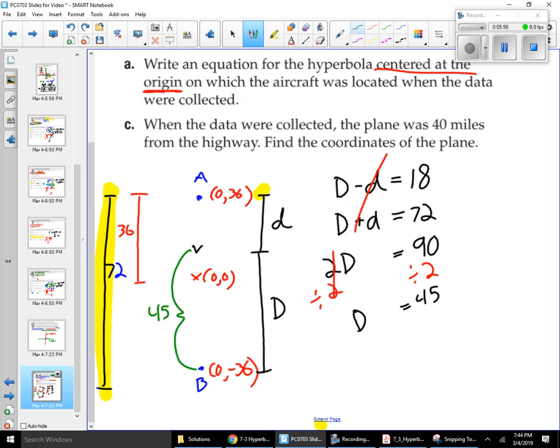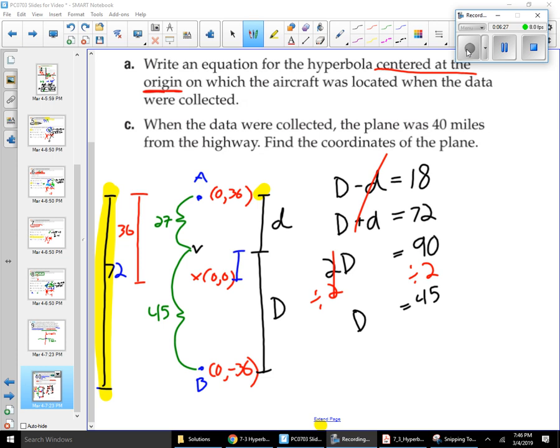And we also know the distance between that vertex and A. In this case, it would be 72 take away 45, and 72 take away 45 is 27. That 27, that is this distance. That can then help us find our A value.